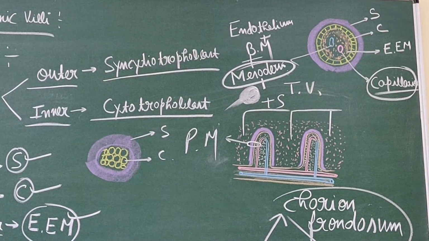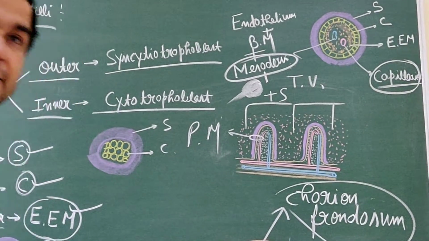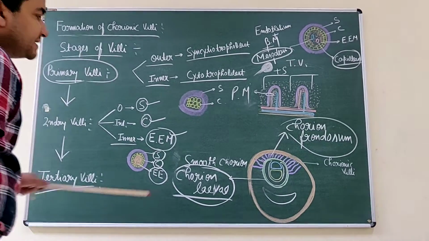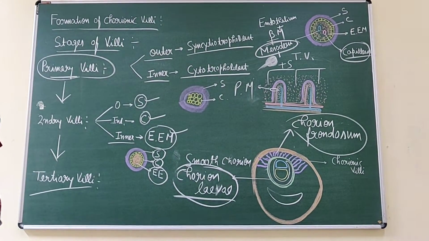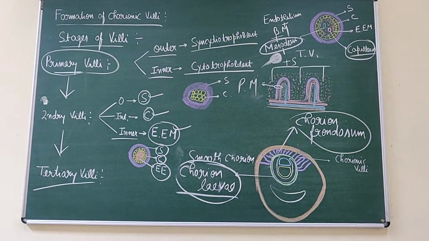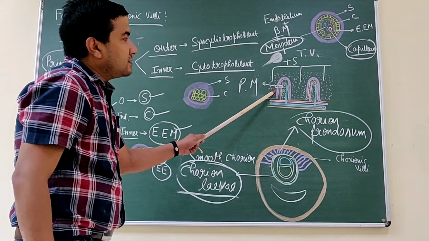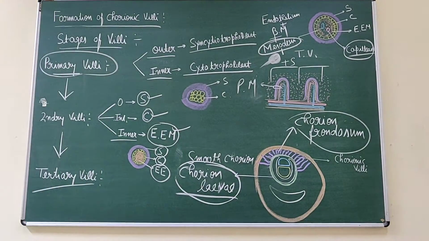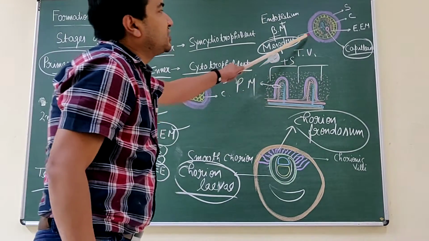This is because as development progresses, the requirement of nutrients and the oxygen demand of the fetus increase, and to make this placental membrane more efficient, it is important for it to thin out.